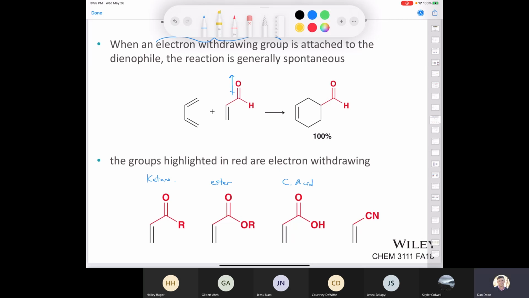They all have a carbonyl directly attached to the carbon-carbon double bond. I could also use a nitrile, right? Remember, this functional group is called a nitrile because it is also electron withdrawing. You could draw the dipole here, you could draw a dipole here, but in the nitrile, you can also draw a dipole.